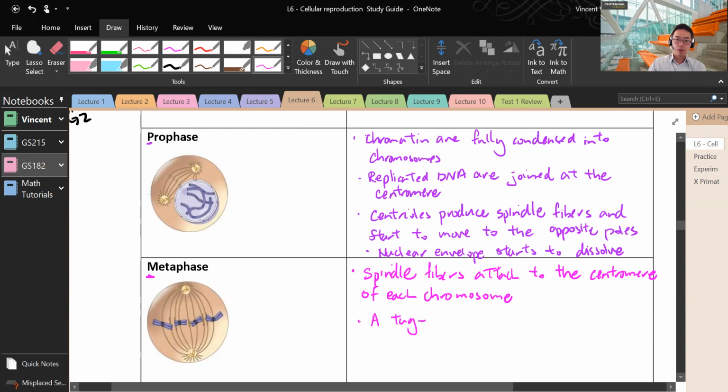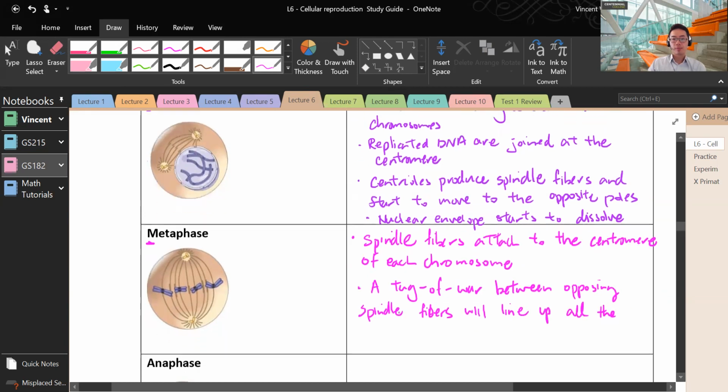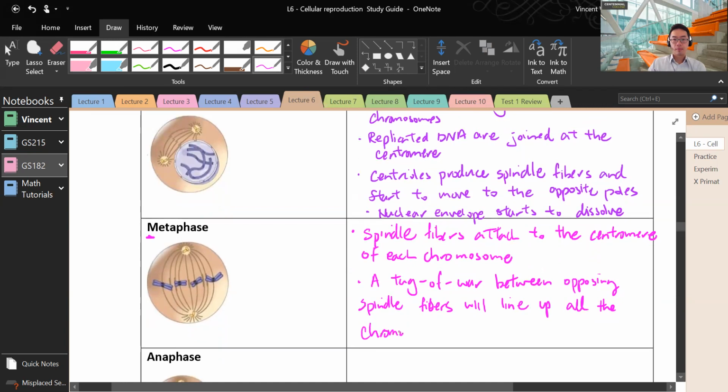A tug of war between opposing spindle fibers will line up all the chromosomes in the middle of the cell.